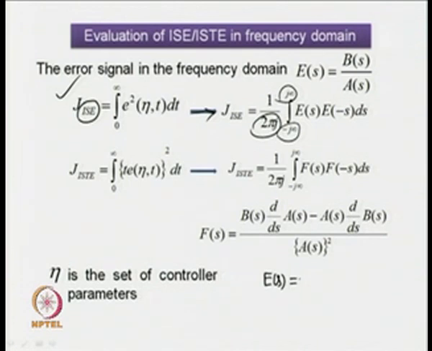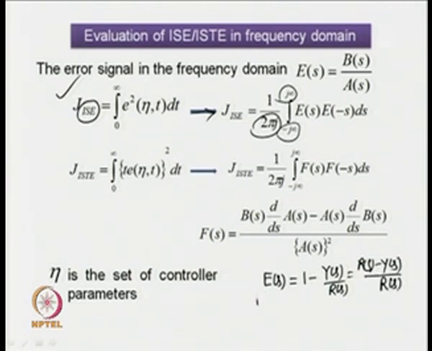E(s) can always be obtained once we know the closed loop transfer function, because E(s) is nothing but R(s) minus Y(s), that is, R(s) times 1 minus Y(s) upon R(s).